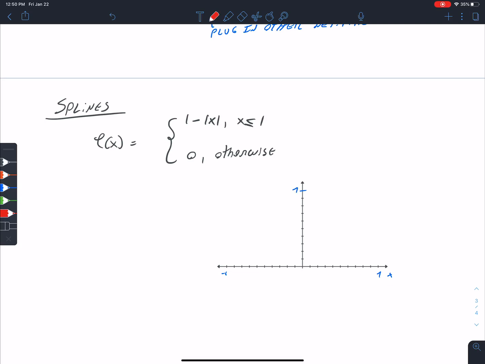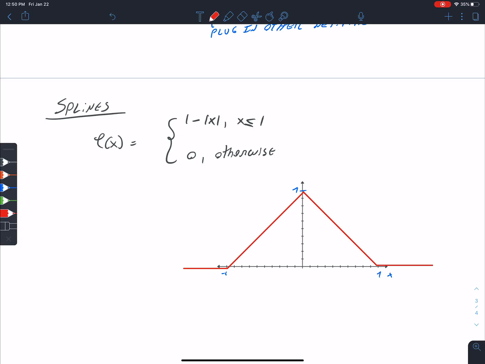This function will be plotted as a straight line between here and here, and a straight line between here and here. Of course it extends beyond this, but it will be 0 beyond this. Oops, this should have been lined up exactly with 0, but for some reason it didn't.